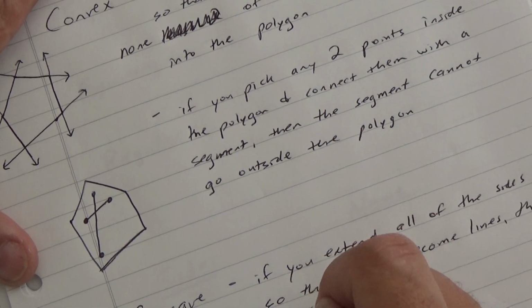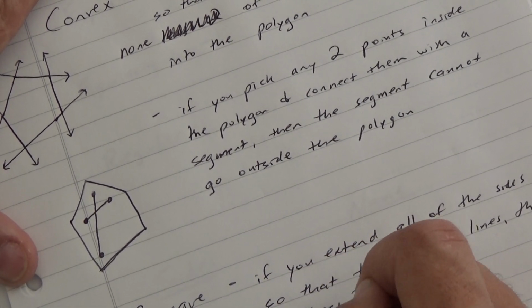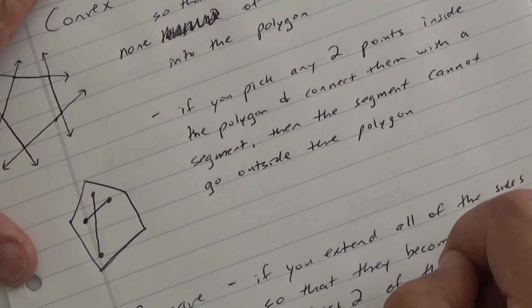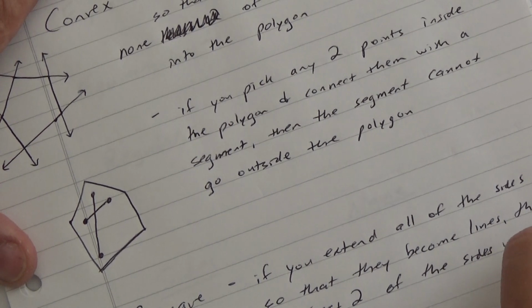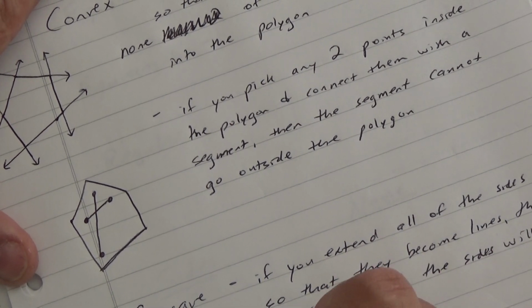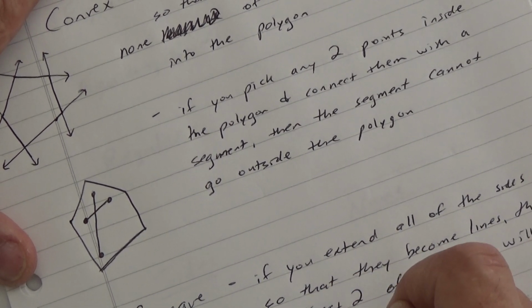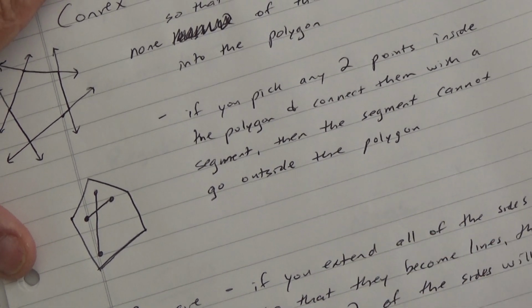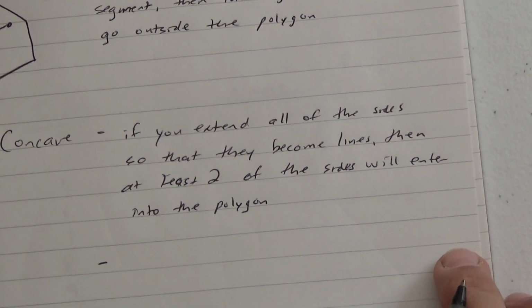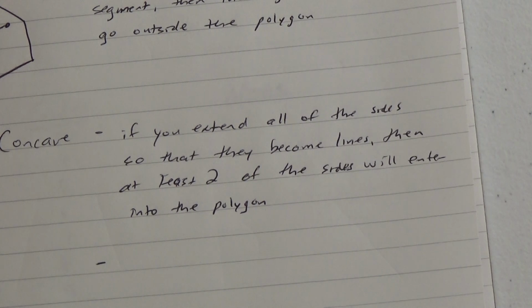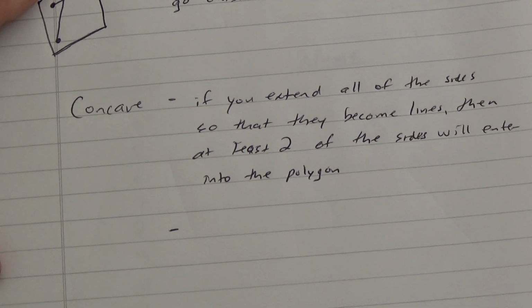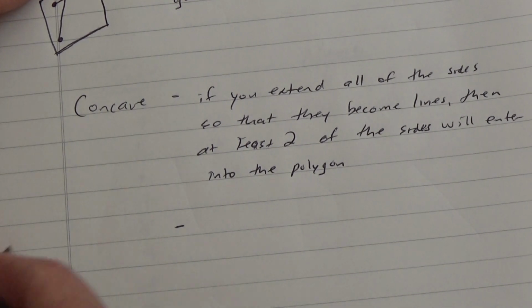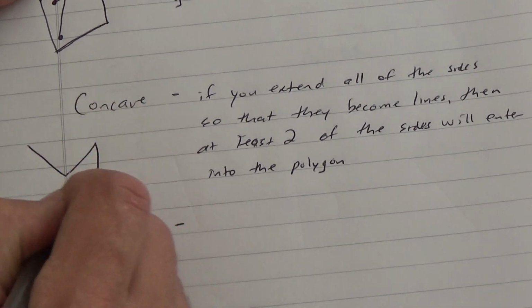At least 2 of the sides will enter into the polygon. Remember last time I messed that up and I said that one on the last definition. Sorry, that wasn't in the frame the whole time. So if you extend all the sides so that they become lines, then at least 2 of the sides will enter into the polygon.